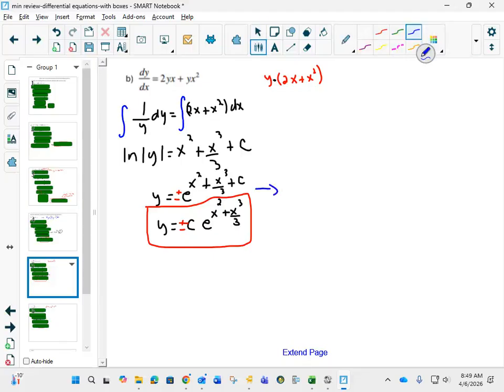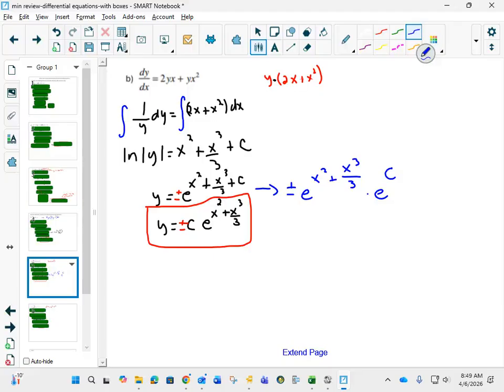And again, with that plus c there, you could break it up with your exponent laws and think of that as multiplied by e to the c. Because with your exponent laws, if your bases are the same, you add the exponents, right?